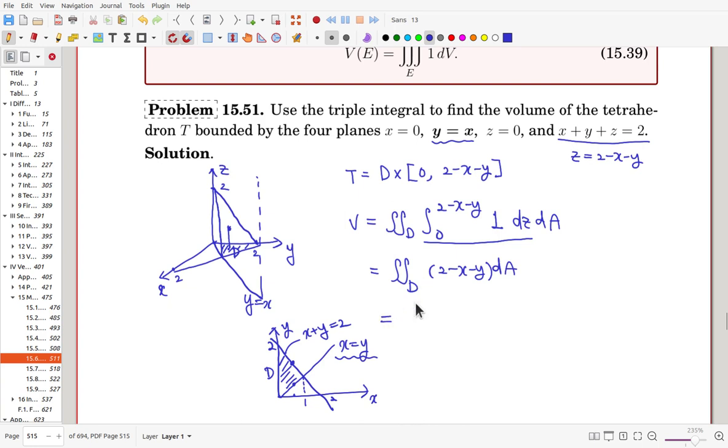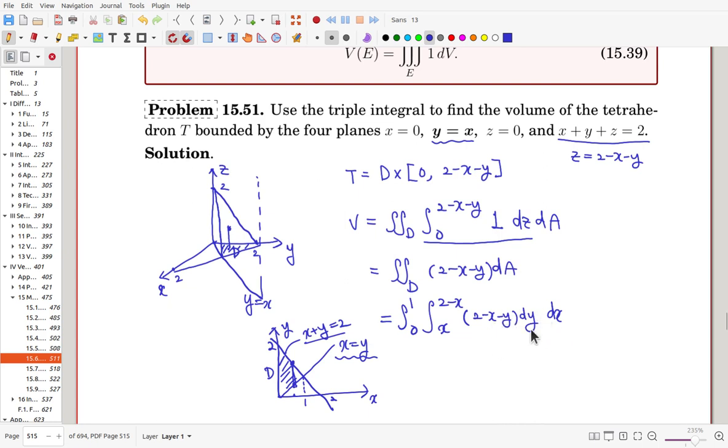Okay, so the integral is from 0 to 1 in the x direction. In the y direction, bottom y is x, top y is 2 minus x. And the integrand is 2 minus x minus y and dy.